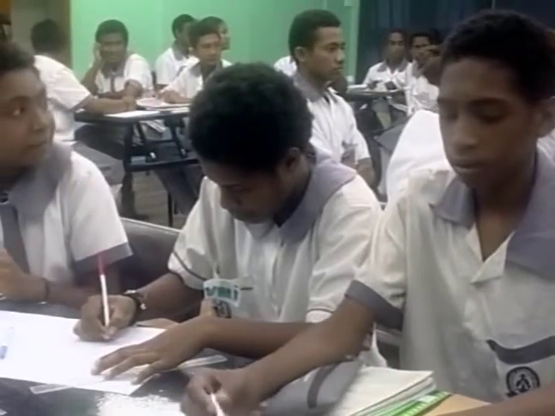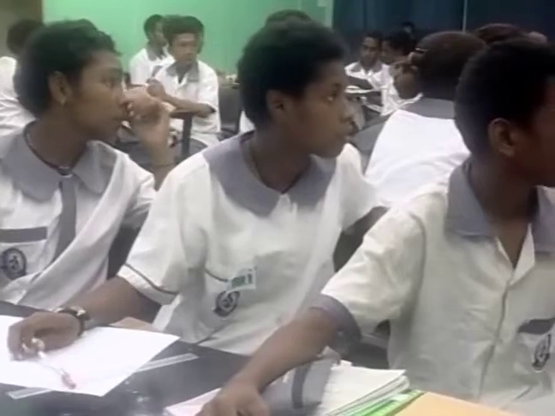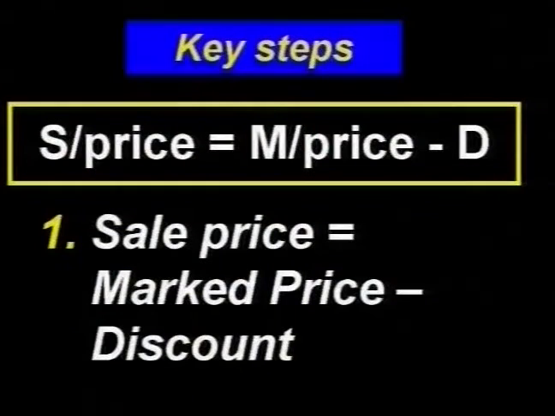Here I have the formulas to use. Maybe some of us don't really know how to work out what is 20% of 1,000 kina. What would be the actual amount of money that you are going to spend? We will go through the key steps first.